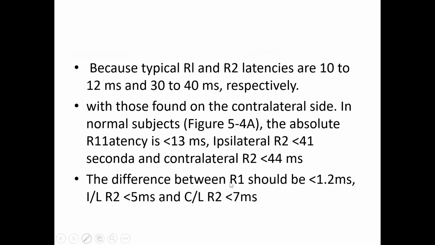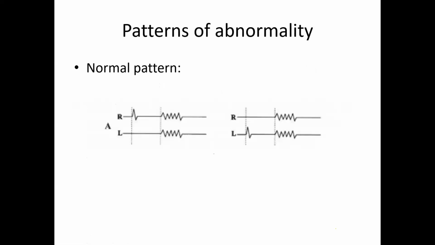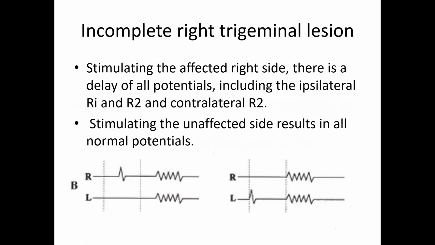This is the actual cutoff value they have given: R1 latency less than 13, ipsilateral R2 less than 41, contralateral R2 less than 44. The side-to-side difference for R1 should be less than 1.2 milliseconds, ipsilateral R2 less than 5 and contralateral R2 less than 7 milliseconds. That is the normal pattern.